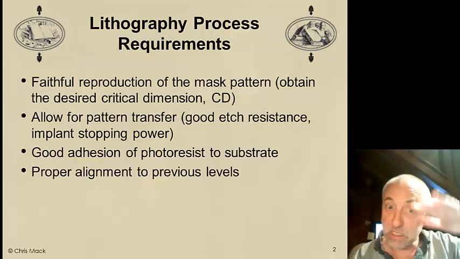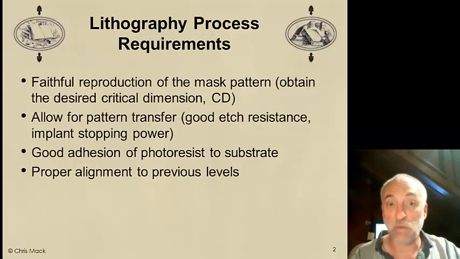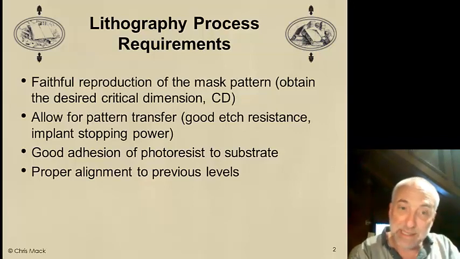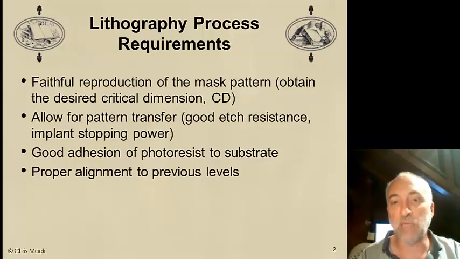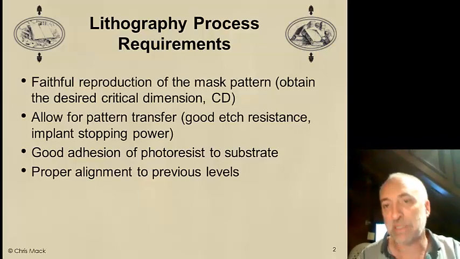Every one of these patterns that we're printing on the wafer has to be aligned to the previous patterns that have already been printed on the wafer. And so the proper alignment to previous levels is just as critical as getting that particular pattern imaged faithfully.